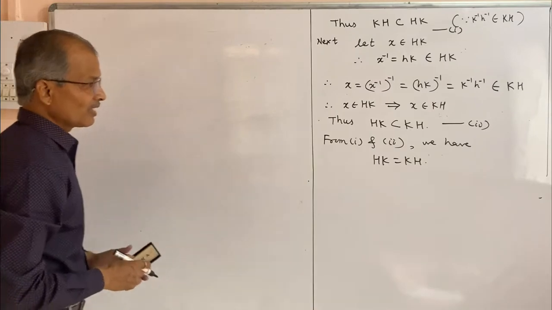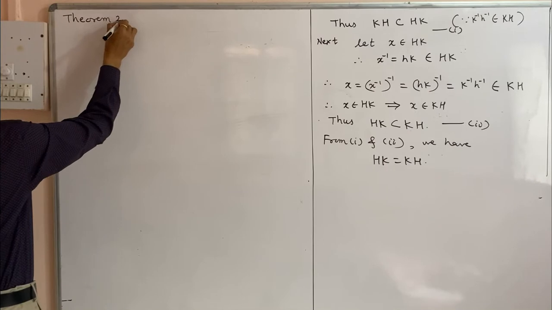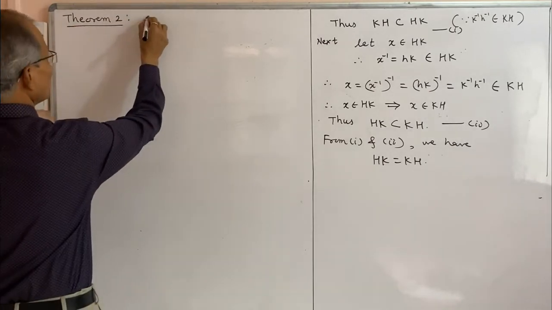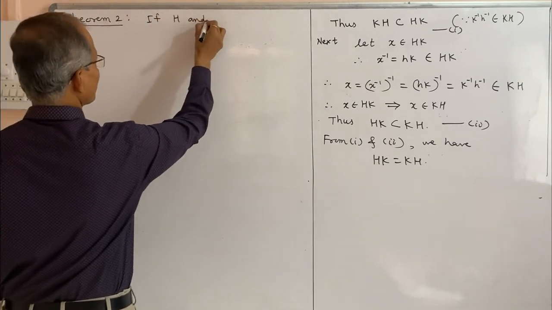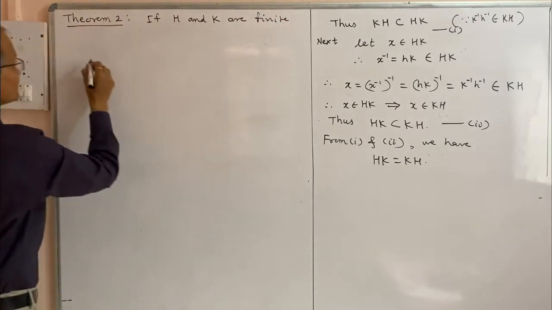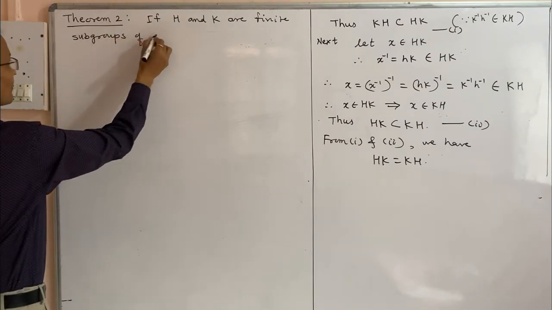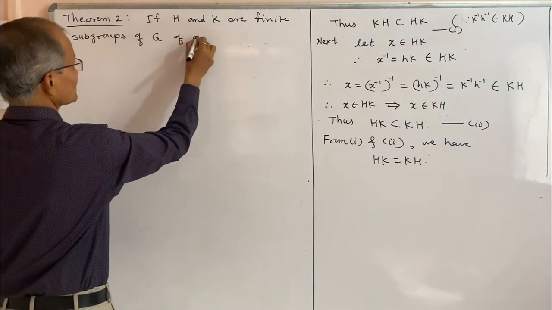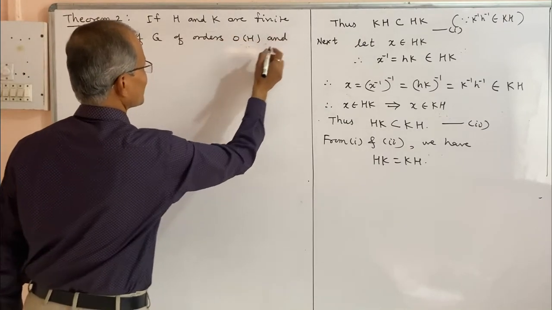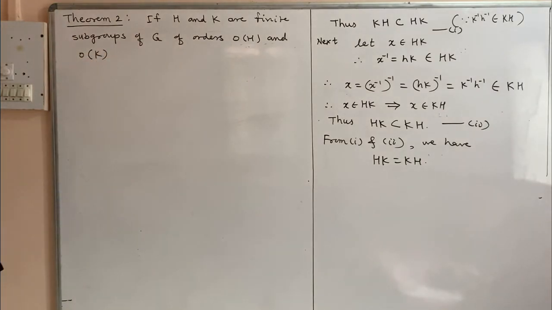Now we shall consider the next result as theorem two, and this is actually the counting principle. If H and K are finite subgroups of G of orders O(H) and O(K) respectively, we denote order by this notation.